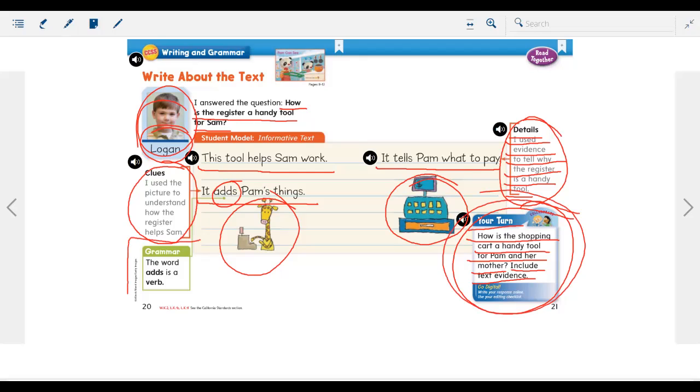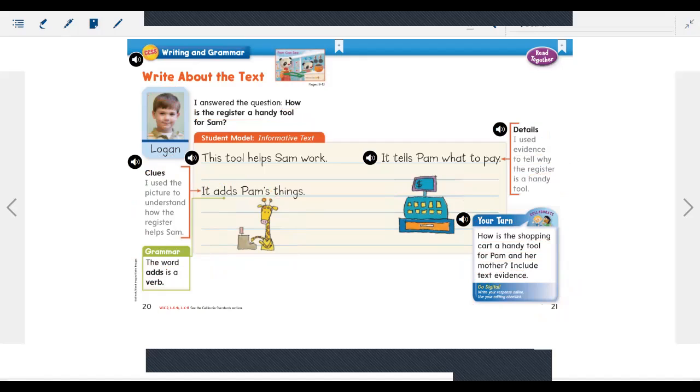All right, let's look right here at the grammar. Grammar are parts of the sentences that we put together. So the word adds that we used over here to talk about the register is a verb. So adds is a verb.